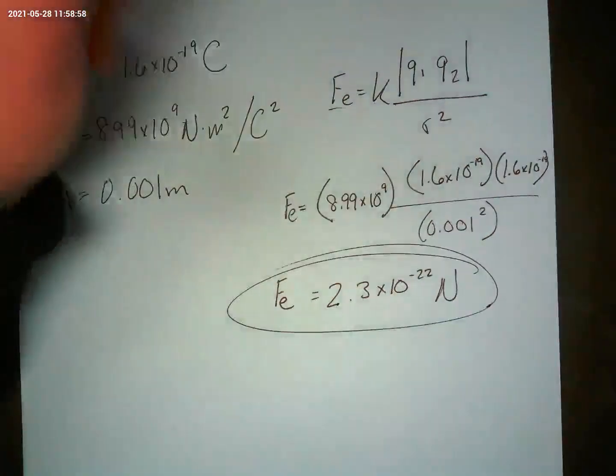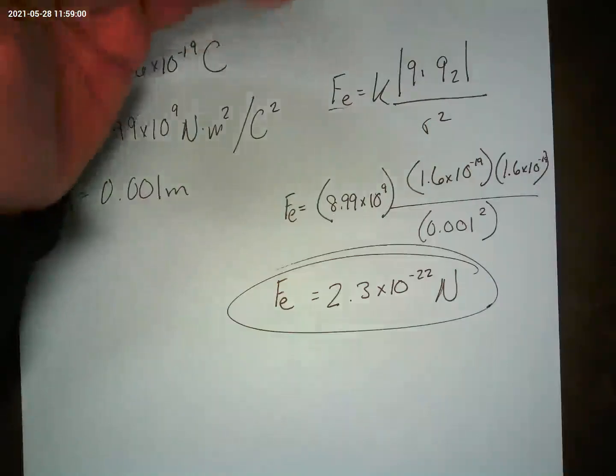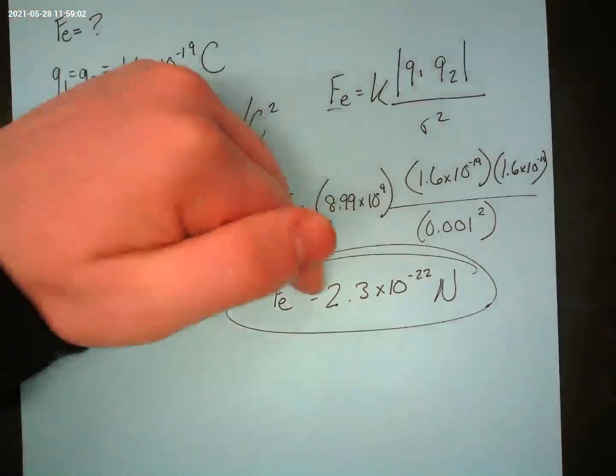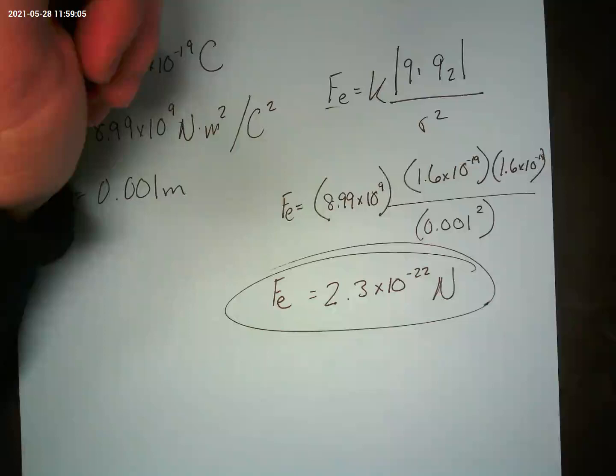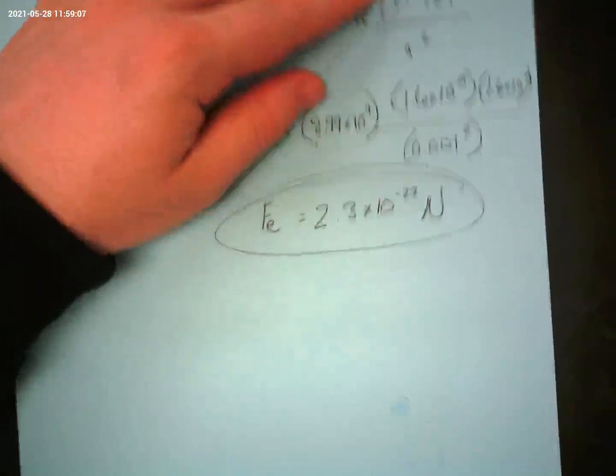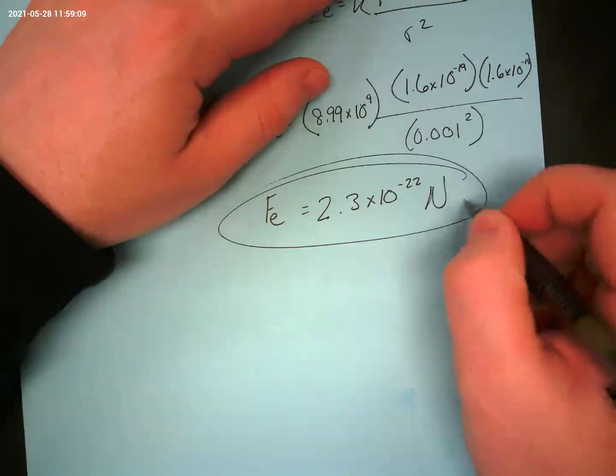So here we used Coulomb's law to find that the electrical force felt between these two protons would be 2.3 times 10 to the negative 22nd newtons. Not only that, it's also repulsive.